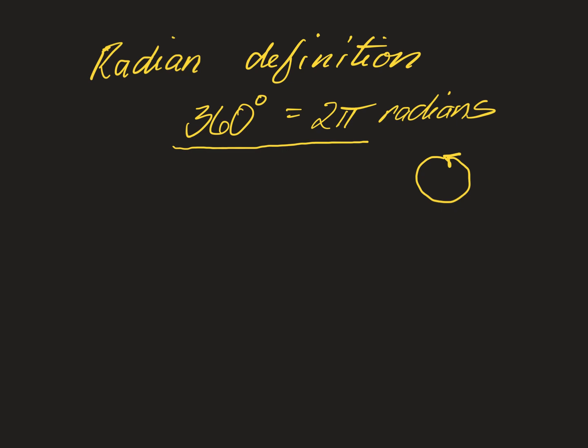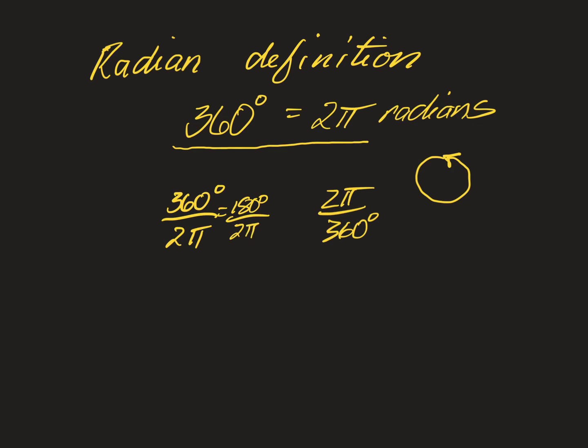Since you have those equivalencies, you can then write a couple of fractions from that. 360 over 2 pi, degrees over radians, which can be simplified: 180 degrees over pi radians, or 180 over pi.